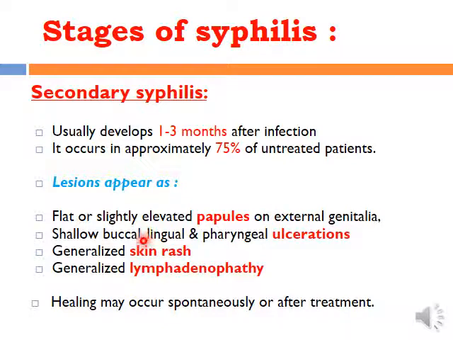In the buccal, lingual, and pharyngeal areas there will be ulcerations, and there will be development of skin rash, usually maculopapular rash, sometimes associated with pustule and pus formation, and there is development of generalized lymphadenopathy, painless enlargement of lymph nodes all over the body. And in this stage, healing also occurs either spontaneously or even after introduction of antibiotic.